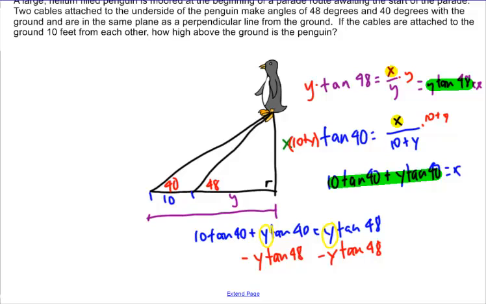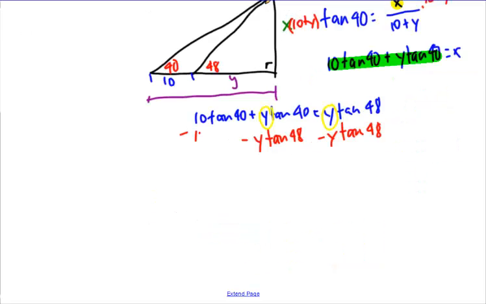And I'm going to subtract 10 tan 40 from both sides. And I know one of these will be positive and one negative, but it'll all work out. All the math should be good.